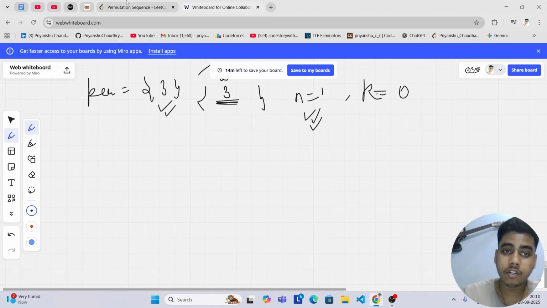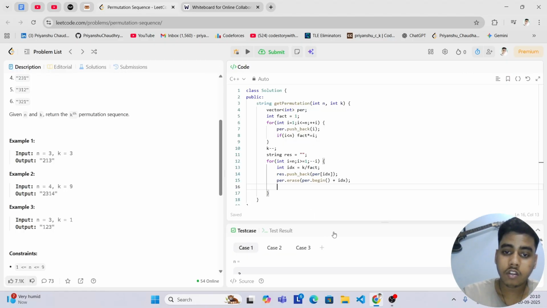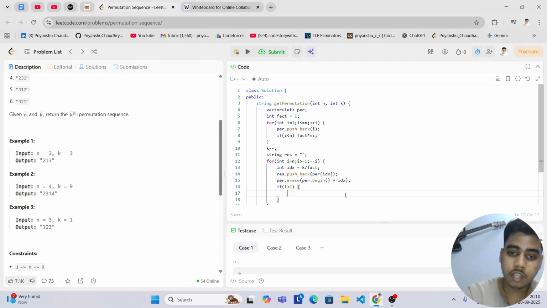I cannot find the factorial again and again, so I can just say that if my i is greater than 1, then every time my factorial can be divided by i minus 1.